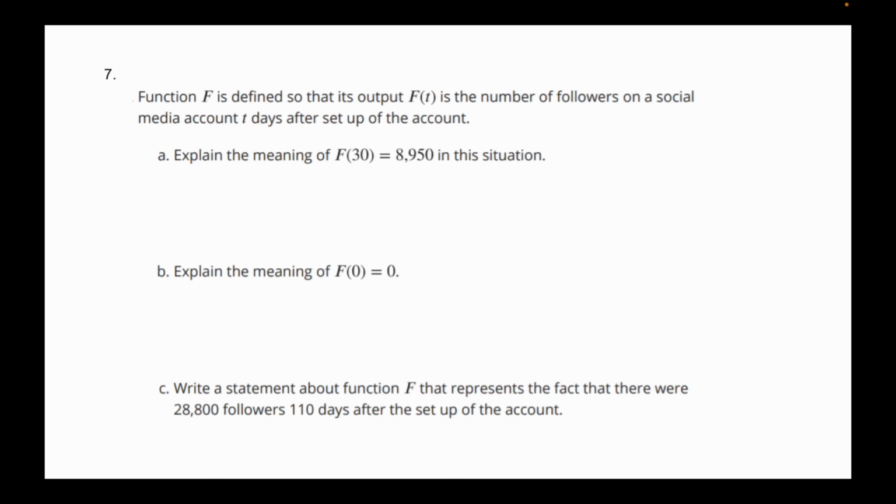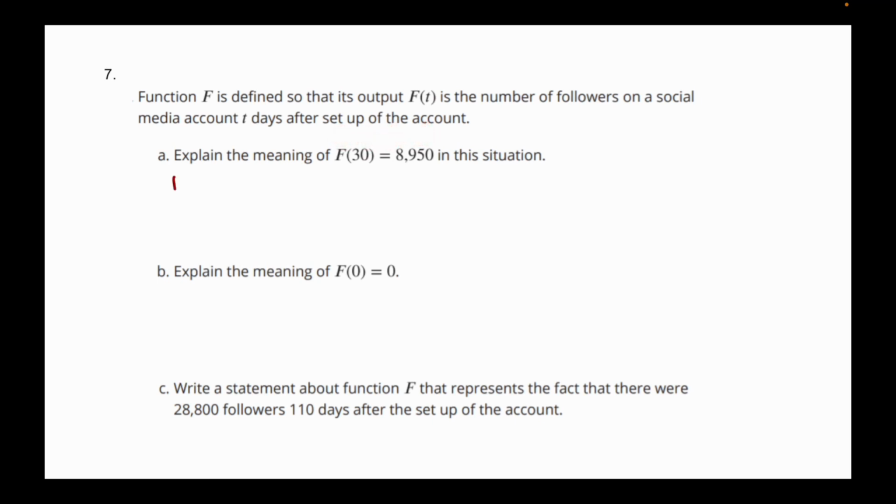So this is our function value, f of 30, right? It says f of t is the output. It's the number of followers. And they're saying f of 30 is 8,950. So this to me says the number of followers after 30 days is 8,950. So yeah, that's what we're going to write.